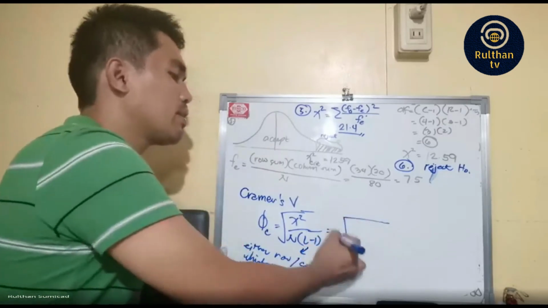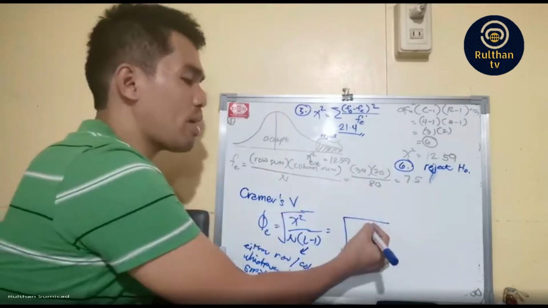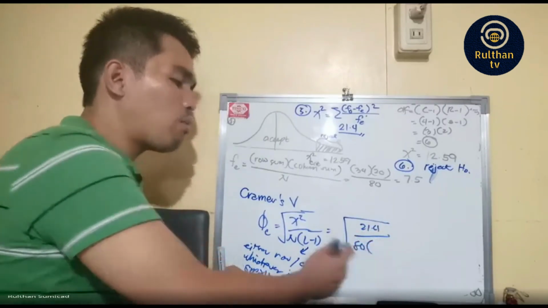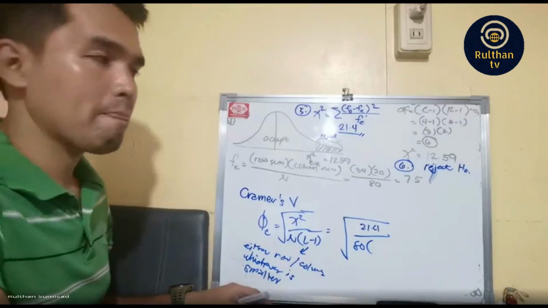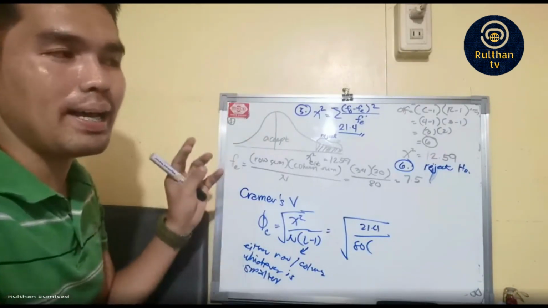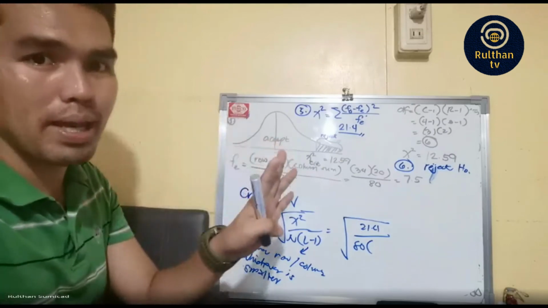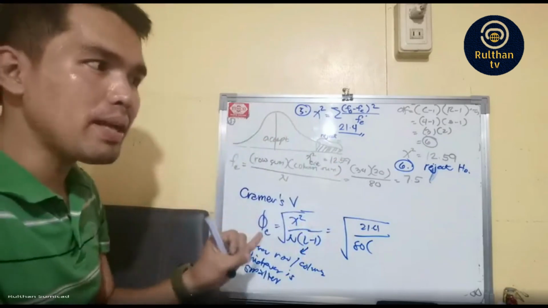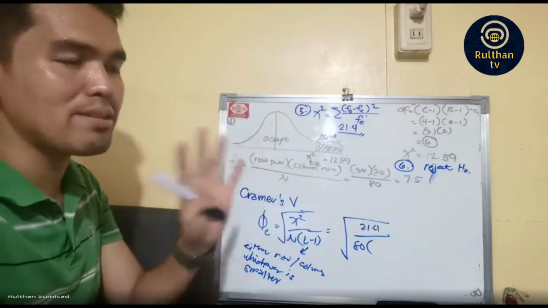Our chi-square value was 21.4. Our N is 80. Our L, what must be the L? You choose between the categories of variable A or variable B. Variable A has 3 categories. Variable B has 4 categories.